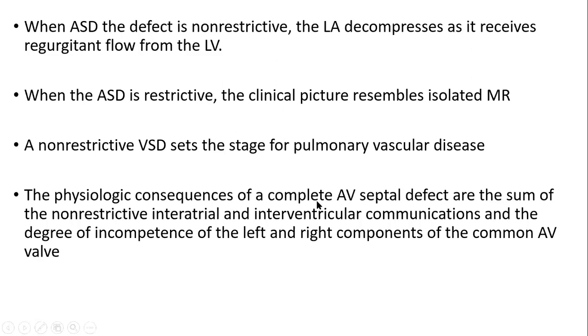The physiological consequences of a complete AV septal defect are the sum of both ASD and VSD, and the degree of incompetence of the left and right AV valves. For all practical purposes, primum ASD is generally not restrictive. It will always be a very large ASD and will behave predominantly like an atrial septal defect. It is very rare to have a restrictive ASD in the case of AV canal defect.